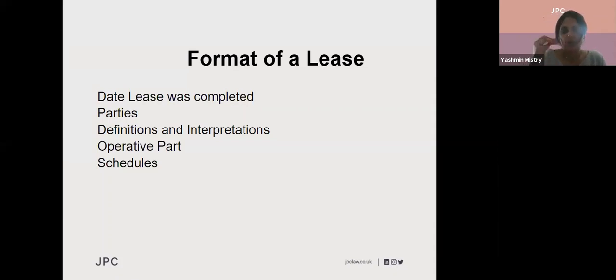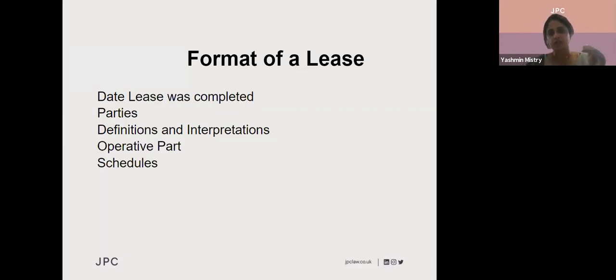The date that the lease was completed may not necessarily be the same date that the lease commences from. So sometimes you see the lease was dated the 1st of January 1980, but if you read down to the ground rent provisions, it will say that the lease is for 99 years from the 1st of January 1978, for example.